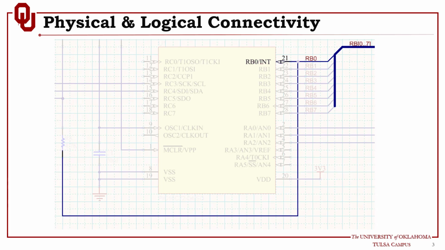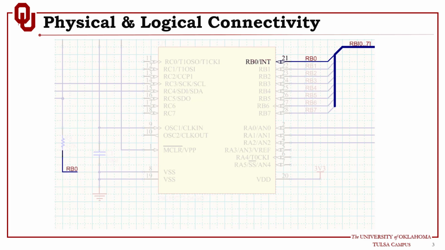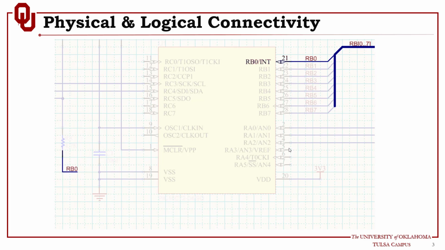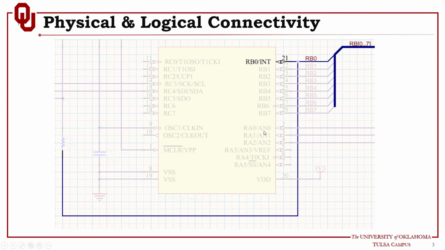In general, physical connectivity allows a reader to follow each wire as they study the circuit. As you can see here, this is switching between physical and logical connectivity. With physical connectivity, you can see where each wire is going from point A to point B. But as the design gets more complicated, a lot of wires will result in a dense and busy schematic sheet, and it will be very hard to read and to track these wires going between different components.